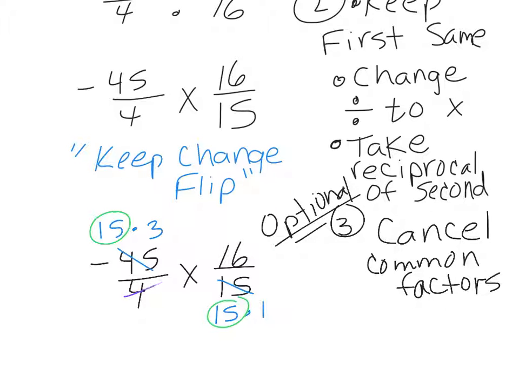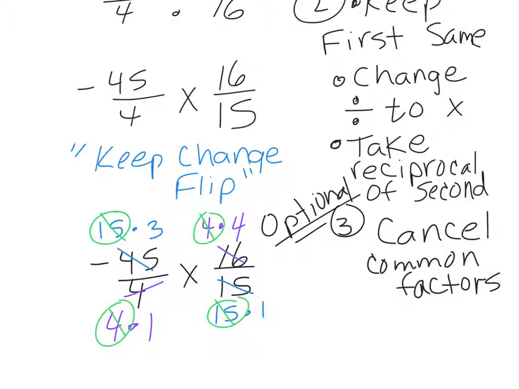I'm going through this pretty quickly because hopefully this is review for you guys. 4, obviously, is 4 times 1, and 16 is 4 times 4. So once again, there is a common factor that you can cancel out. If what I just did is confusing to you, that's not ringing a bell, I'm going to add another little example video specifically on canceling on Google if you need help with that. And again, it's optional.